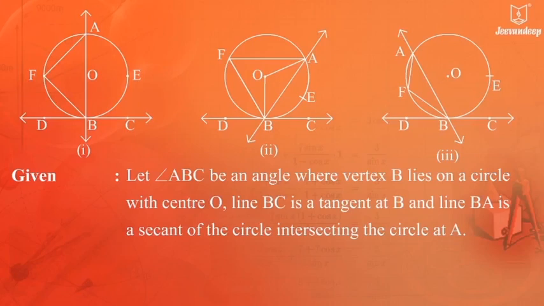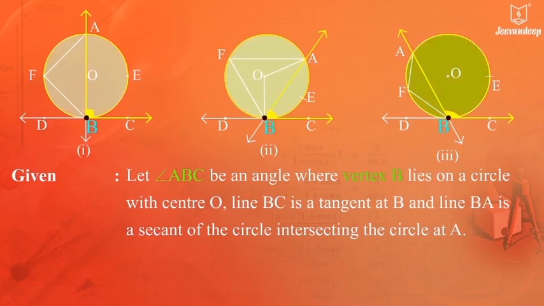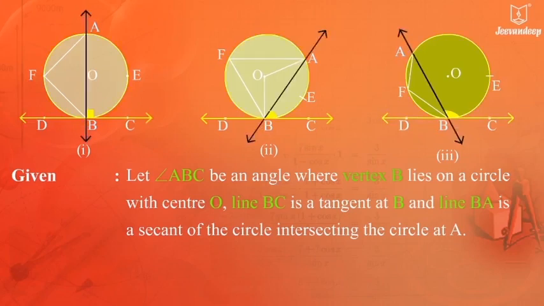Given: let angle ABC be an angle where vertex B lies on a circle with center O. Line BC is a tangent at B and line BA is a secant of the circle intersecting the circle at A.